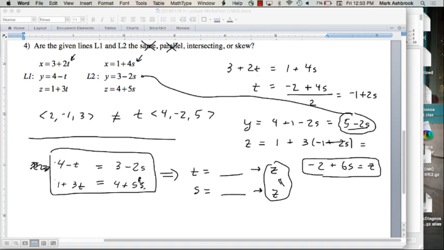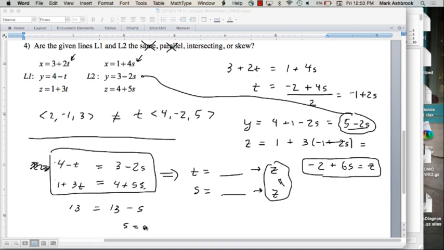Okay. So multiplying by 3 and adding together, I think you get 13 equals 9 minus 6, so 13 minus s. S equals 0. That's easy.